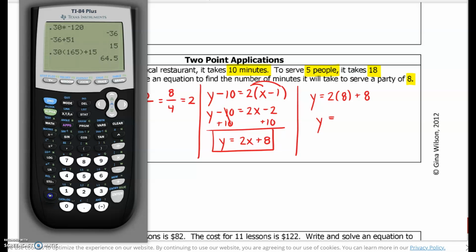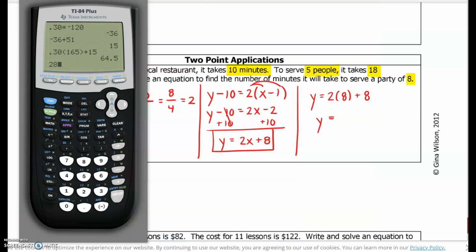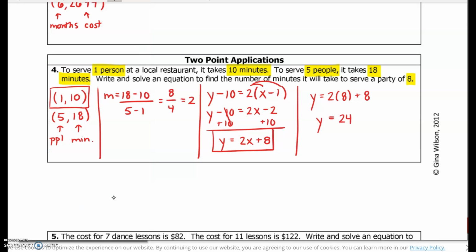So we can type it directly in our calculator, or this one's pretty easy with mental math. 2 times 8 plus 8 would give us a total of 24, and y is minutes. So it would take a total of 24 minutes to serve these 8 people.